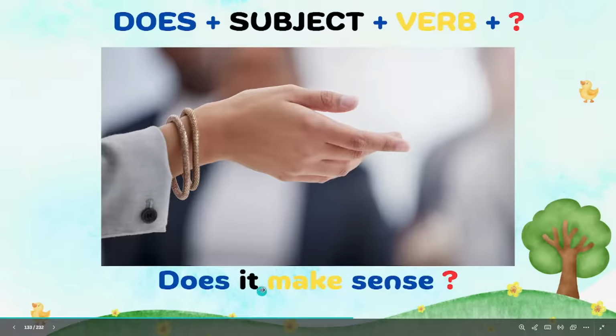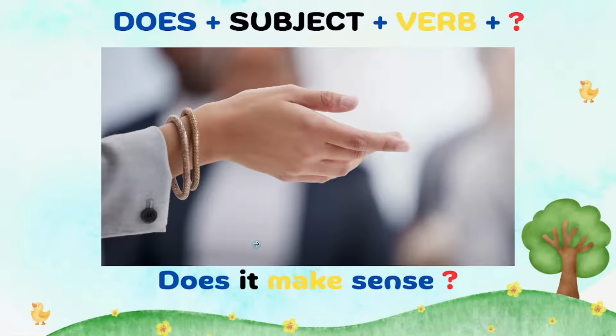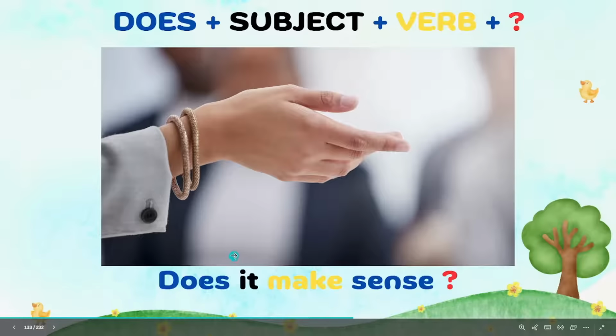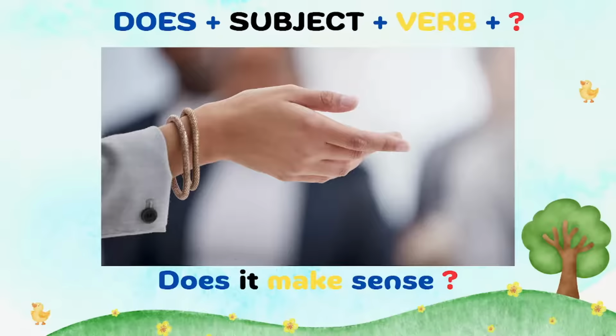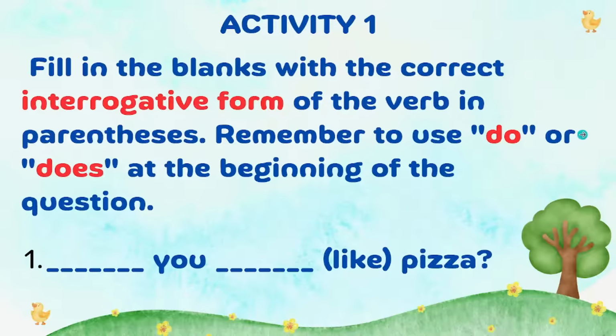Maybe she's asking for the idea of what the person in front of her is doing or saying. So, it represents the idea or what's in her mind. So, she asks, does it make sense? Now, next. Let's have a little activity about the interrogative form.